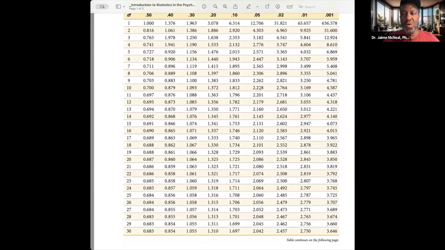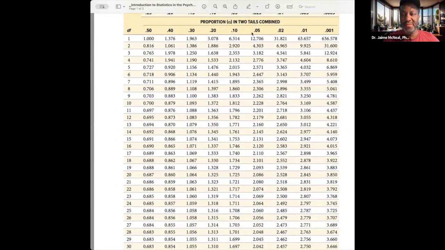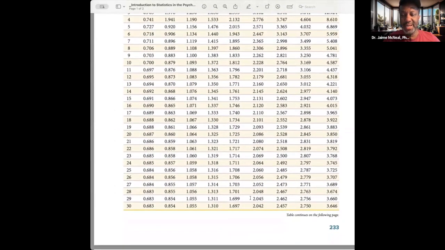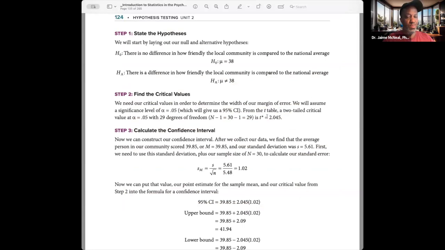We're going to go all the way down for 0.05, because we're in two-tail, to 29, and it's 2.045. Hopefully that makes sense, right? So 2.045, that's how we got the critical value for a two-tail test right there.